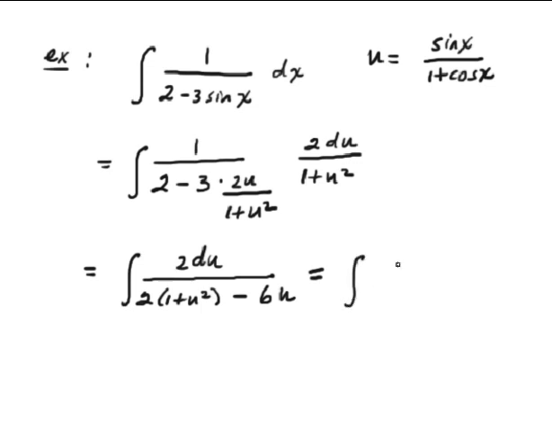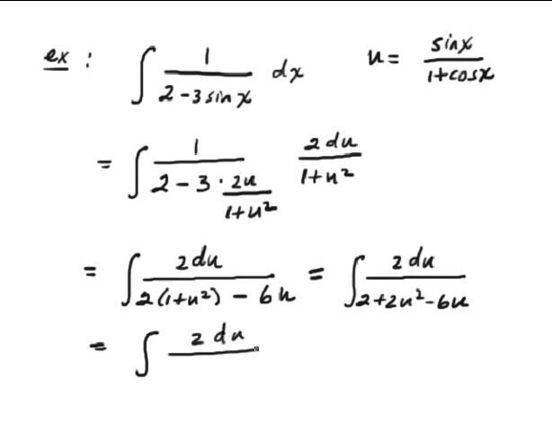All right, so let's work this out. So we have 2 du over 2 plus 2u squared minus 6u, so that's 2 du over 2u squared minus 6u plus 2. Let's divide top and bottom by 2.